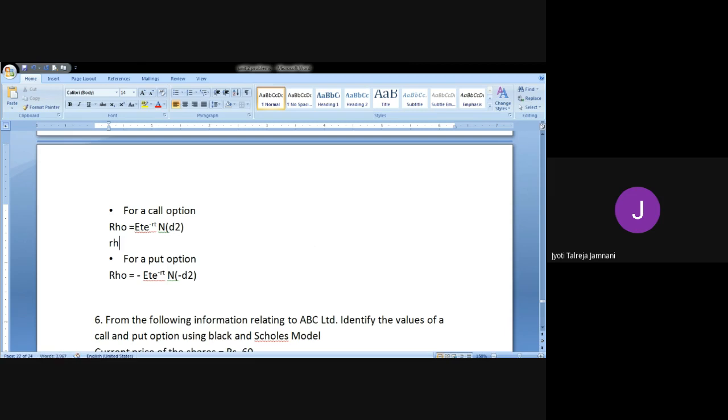Rho also has two formulas. E, that is 115, into T, that is 3 by 12. First we need to multiply these two and then find its present value, into e raised to minus RT.